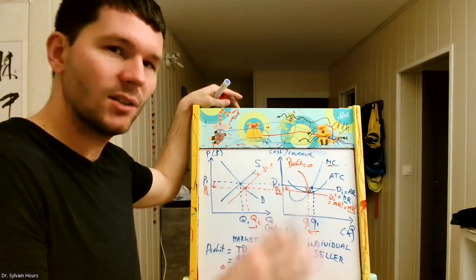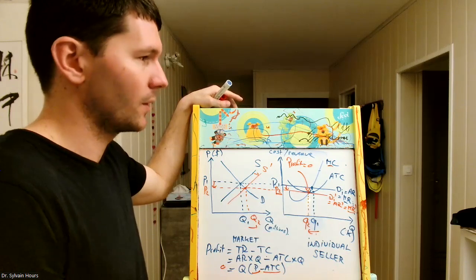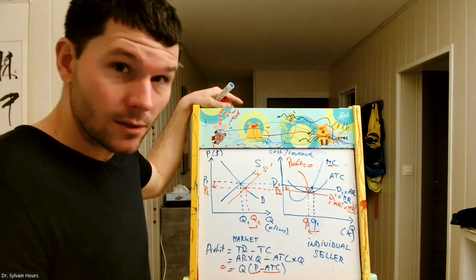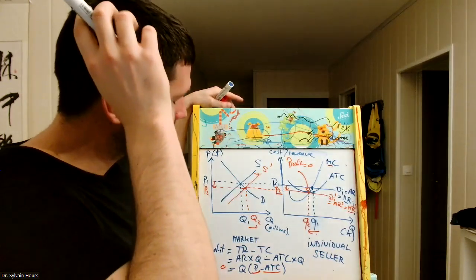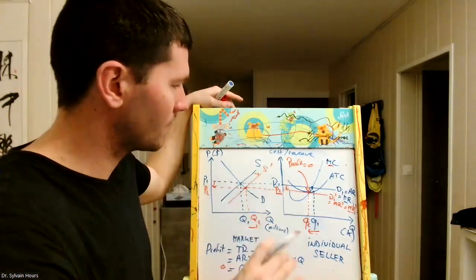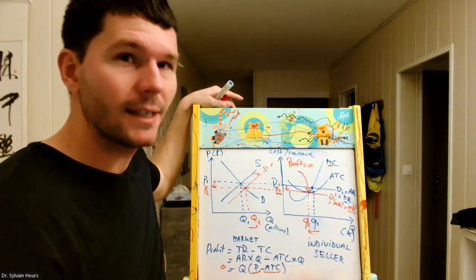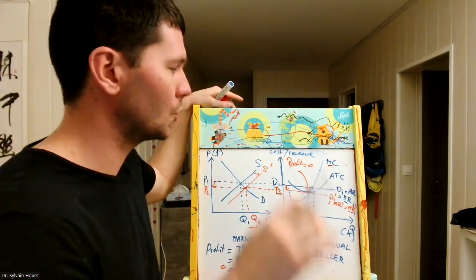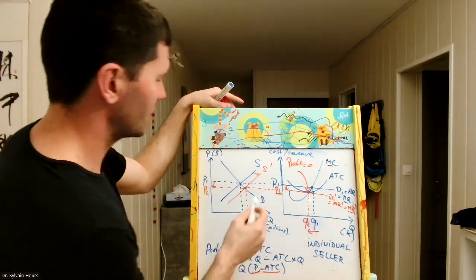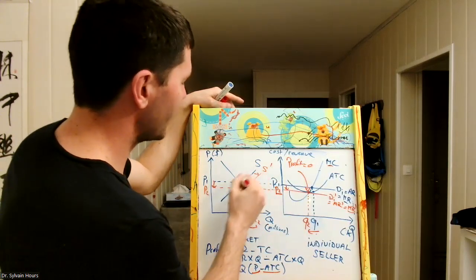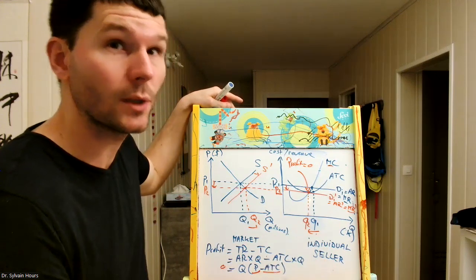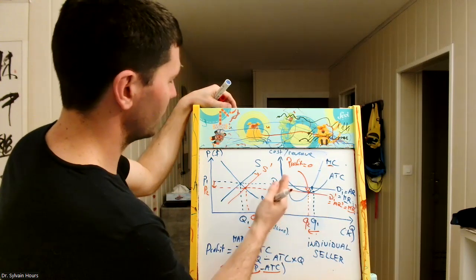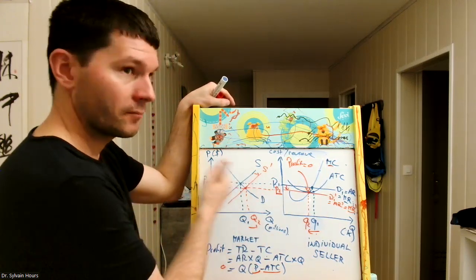We could have done the exact same thing. I'm not going to do it because this would be highly redundant, but we could have done exactly the same thing, assuming that each individual firm is making a loss in the short term. So then certain firms would exit the market, would leave the market. There are no barriers to exit, so they can. So the supply would decrease, would shift to the left.